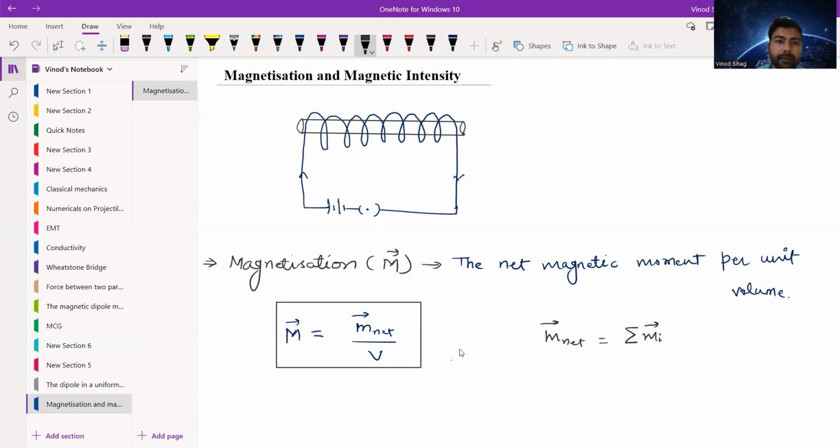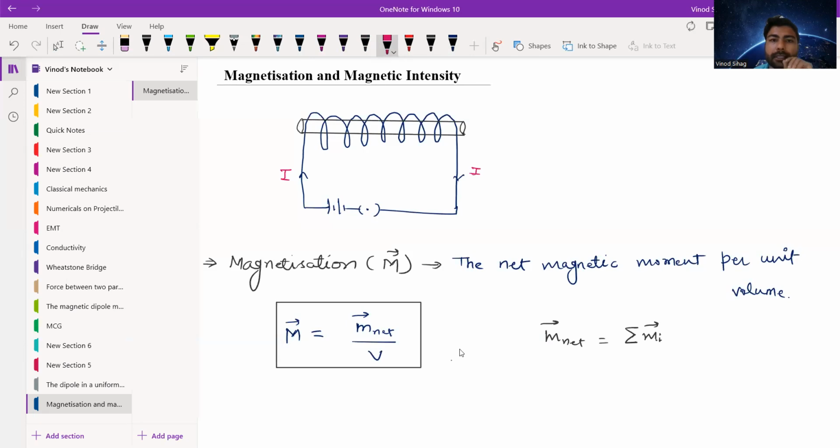So what will be the effect of that? First of all, if the current I is flowing through the solenoid, what will be the magnetic field due to that? As we know, the magnetic field due to a solenoid is B equals mu naught n I. But things don't stop here, because the object we have inserted inside the solenoid has magnetic properties.